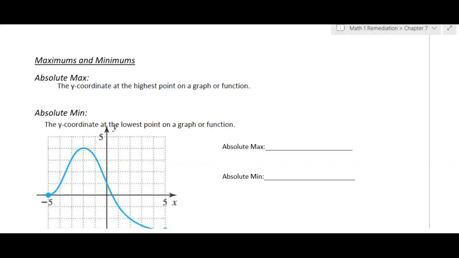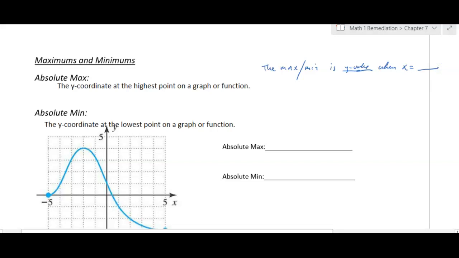Now, anytime we go to identify max and mins, we say the max or min is some y value when x is some value.